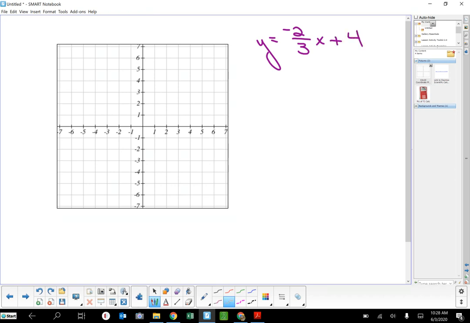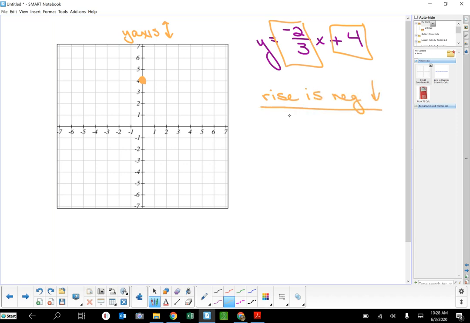So same rules apply. Plot the y-intercept first. That's on your y-axis, right? Y-axis goes up and down. Plot your 4. And then because my slope is negative, if my rise is negative, then it's going to go down, right? And my run is positive.